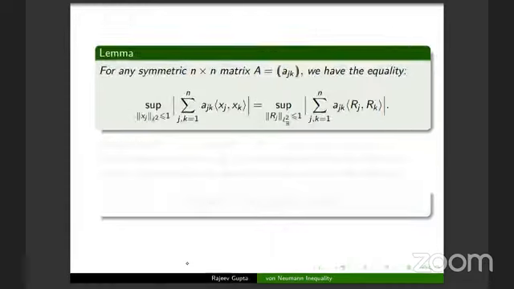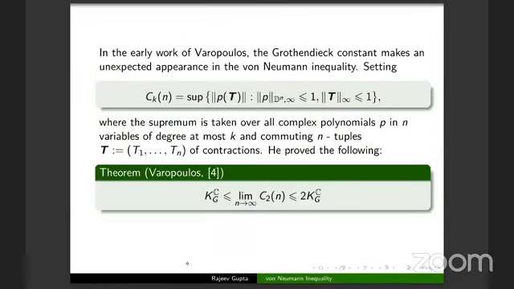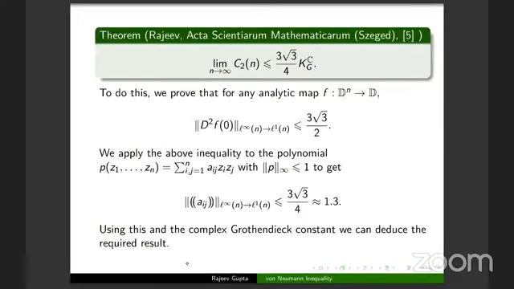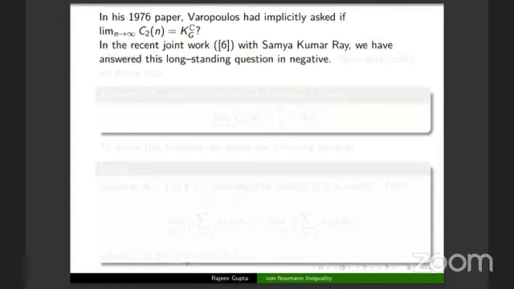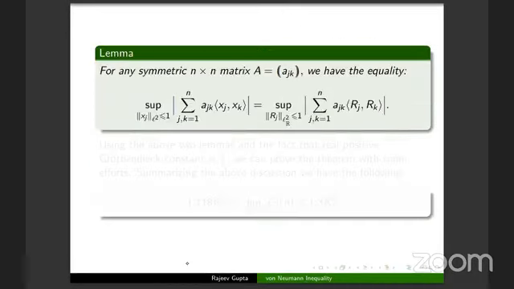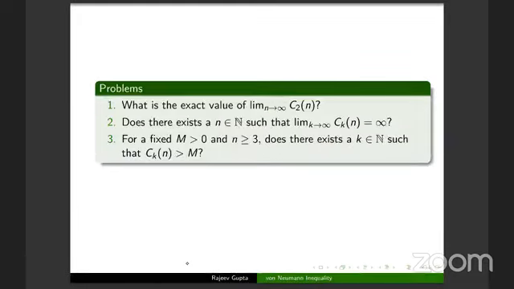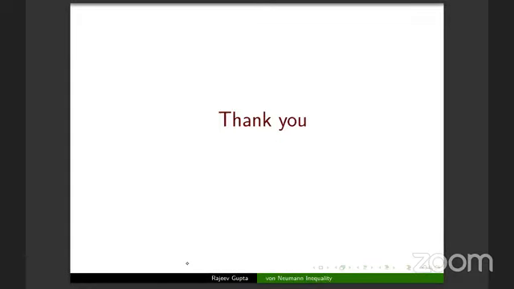In fact, when Varopoulos did this result in 1976, he was wondering whether this limit is exactly KGC or not, and he was trying to get rid of these two, but he couldn't because of an obvious reason: you cannot. That's what we have shown, that you cannot get rid of 2. At best, you can improve it. I will stop here. Thank you.